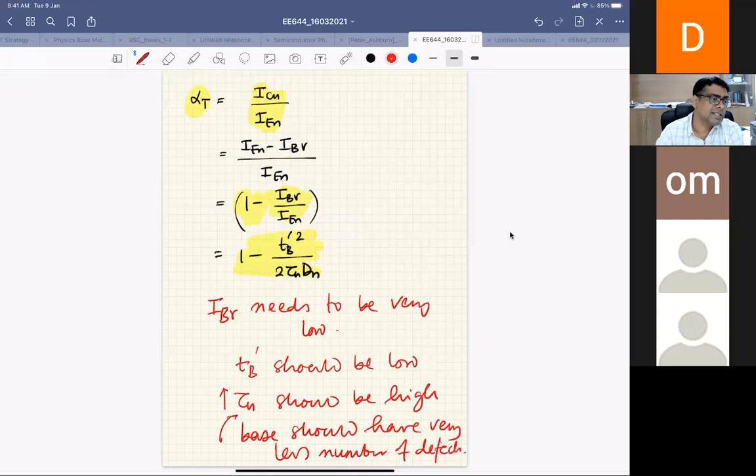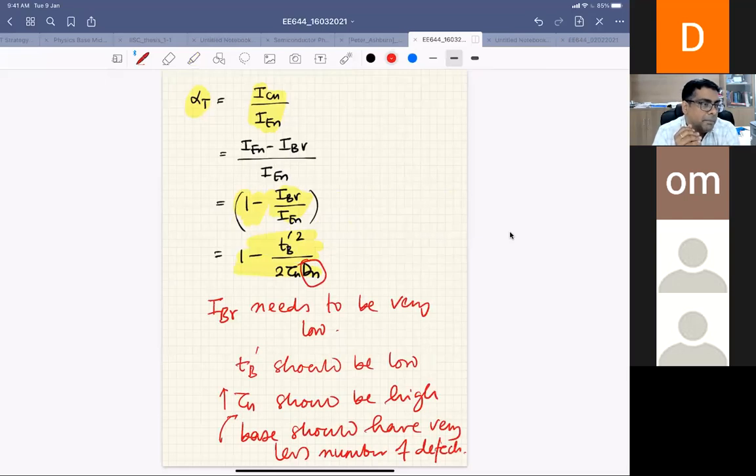When I talk about defects, they are crystal defects or impurity-induced defects, right? So your base should be defect free. If it is defect free, then the minority carrier lifetime will be very high and your recombination current will be low. And your DN, the diffusion length, should also be high. Diffusion length depends on how far the electrons could travel without recombination, right?